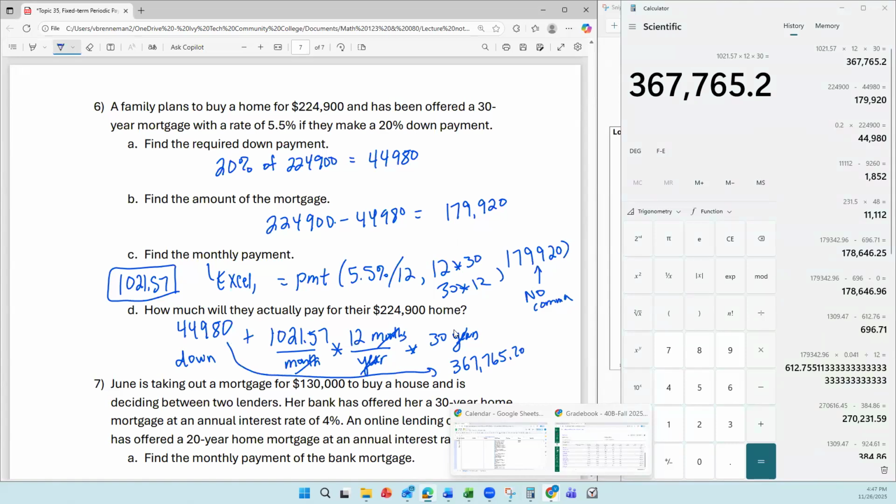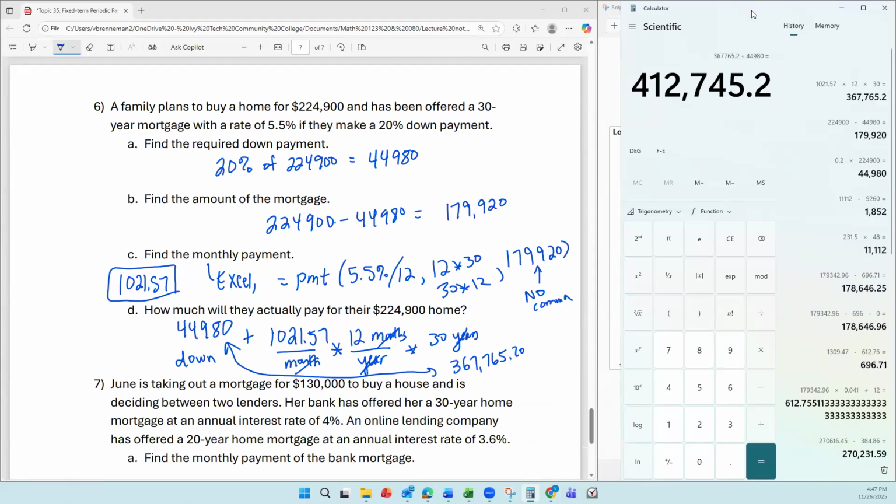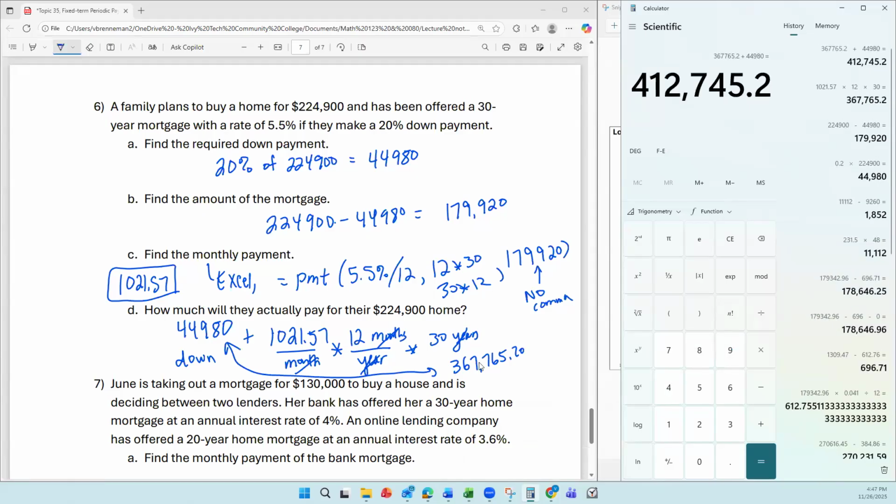Plus, they already paid the $44,980 down, so they're paying a total of $412,745.20 for their $224,900 home.